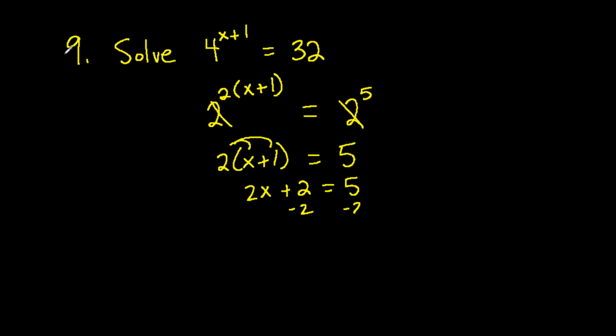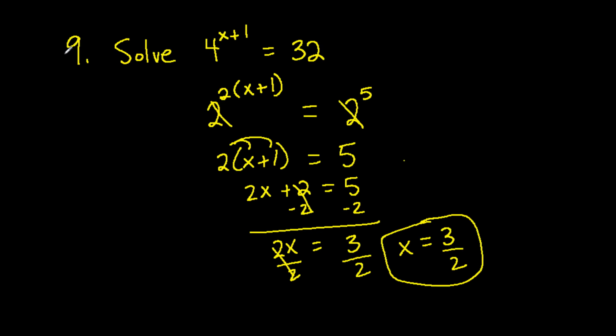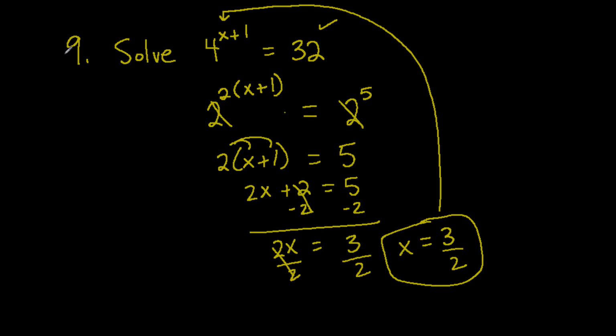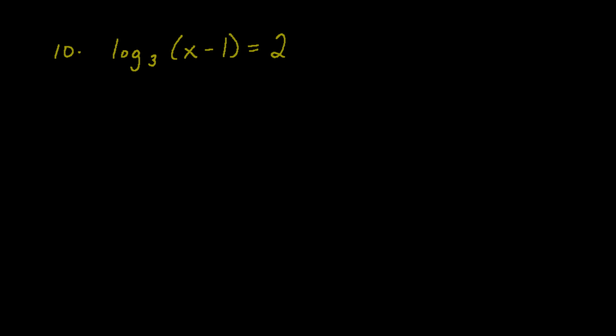Subtract 2 from both sides, 2x equals 3, and then divide both sides by 2. So x is 3/2. You could actually plug that into a calculator: 4 to the power of 3/2 plus 1. Make sure you do the 3/2 plus 1 in parentheses so it adds those first, and then it should work out to be 32.